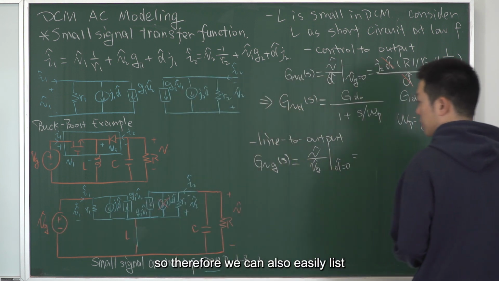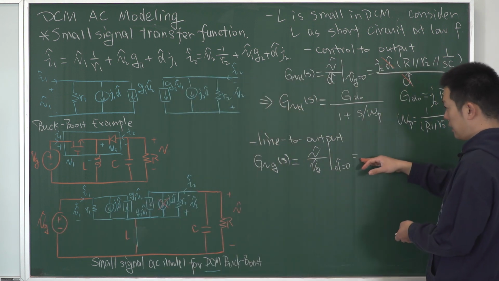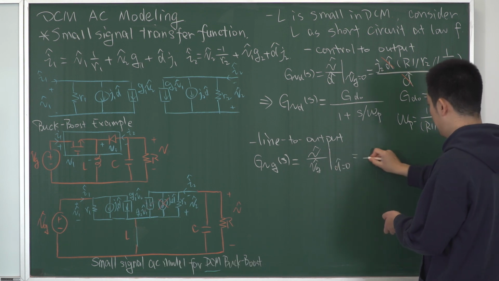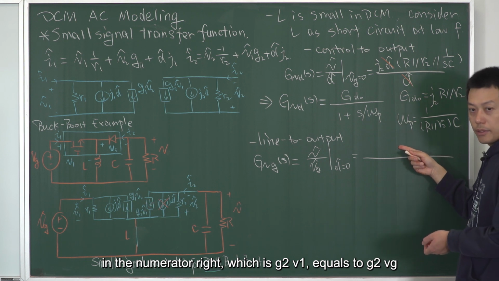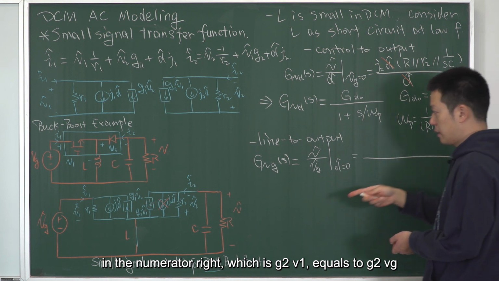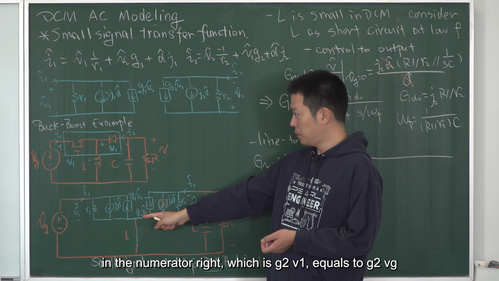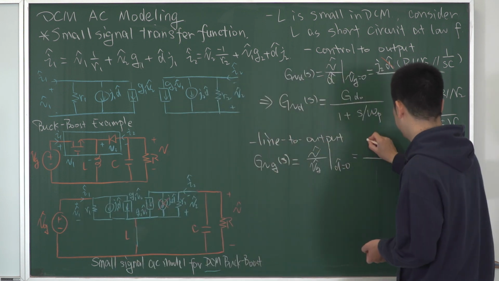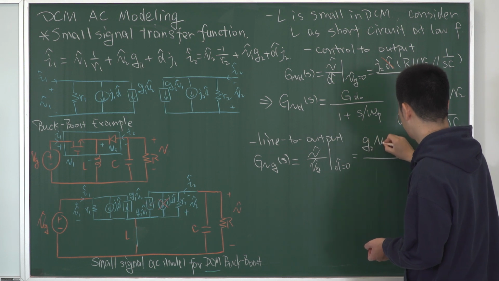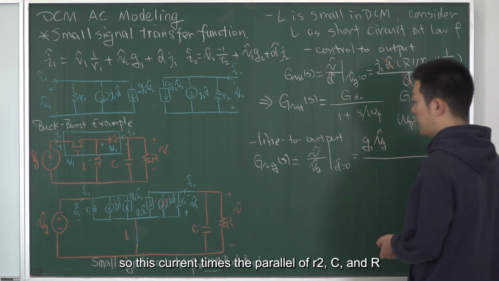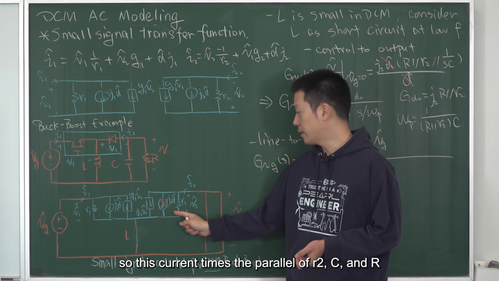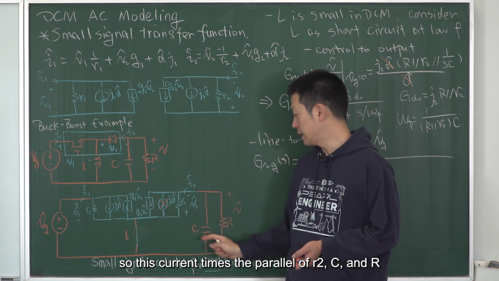So we can also easily list the expression for the output voltage in the numerator, which is G2 V1 equals to G2 Vg, so this current times the parallel of R2, C, and R.